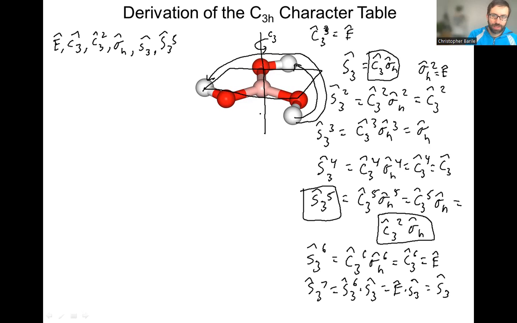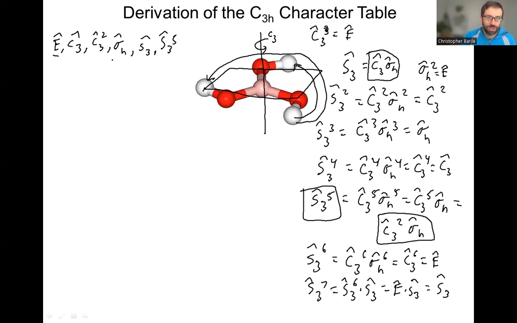And the mathematically rigorous definition of whether or not things are in the same class is if there's another operation in that point group that can interconvert those axis systems. And a lot of times that's going to be a vertical mirror plane or a dihedral mirror plane or perpendicular C2. We don't have any of those operations in this point group. And so for that reason, all of these operations are going to be in their own class.